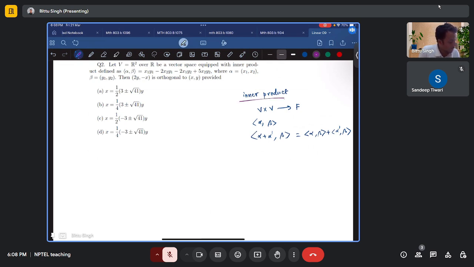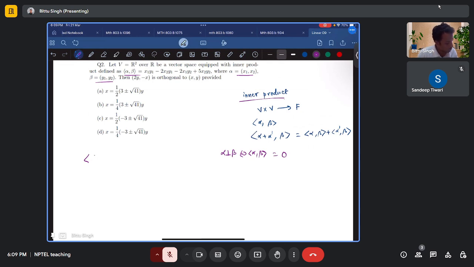And now here alpha comma beta is defined as this. So alpha is x1 comma x2, these tuples, and beta is also like this. Now we need to take the inner product. Alpha is said to be orthogonal to beta if and only if this inner product is 0.